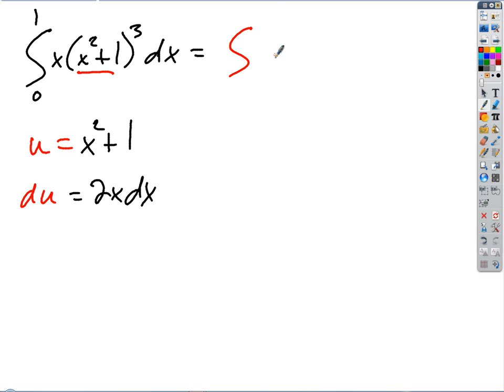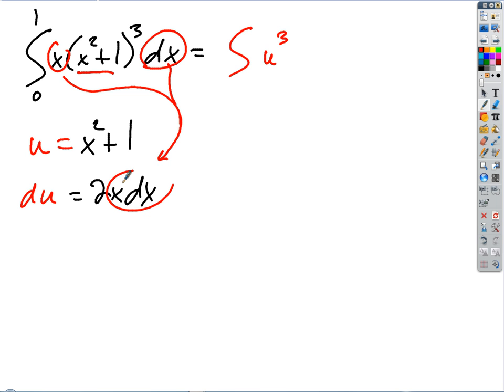Agreed? Okay. Now what's this? x. And we really need the x and the dx combined, right? And what are they equal to? Okay, du divided by 2, a 1/2 du. So there's our 1/2 du.